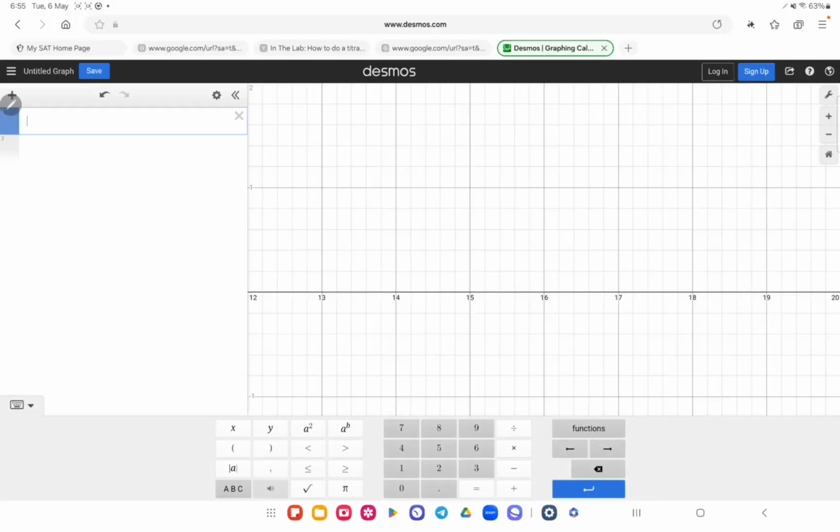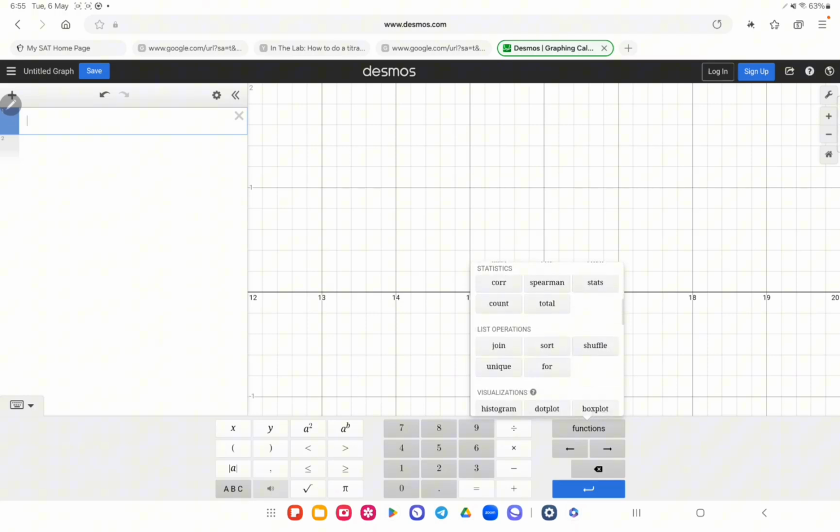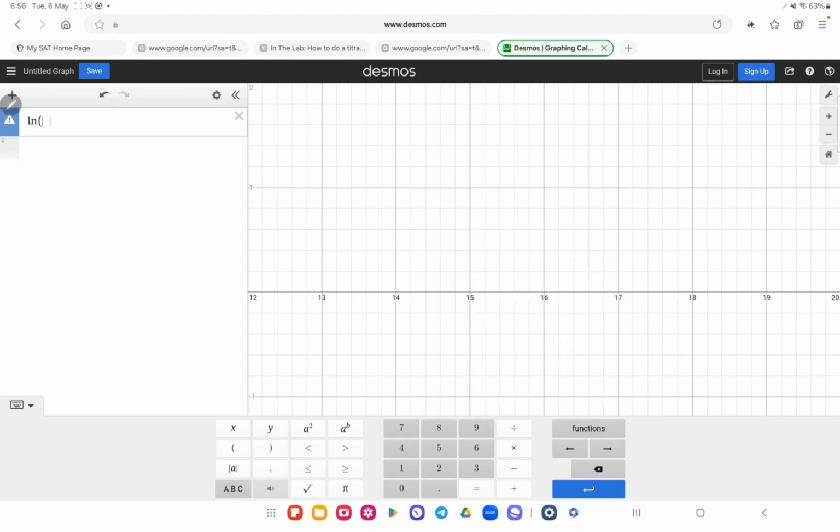So we're gonna have ln, so go to functions and look for ln. X squared minus 4x plus 5, close the bracket, minus 0.2x. Okay, my window has to be from 0 to 2.